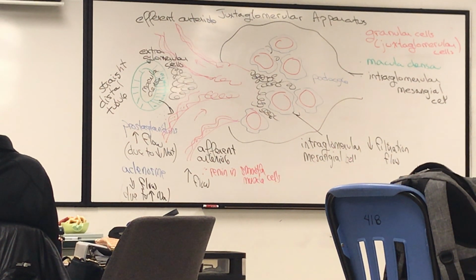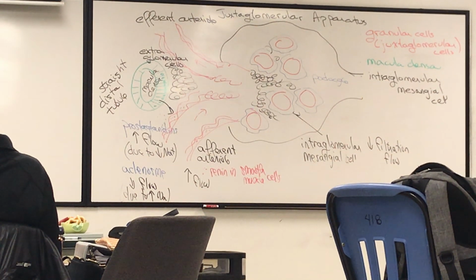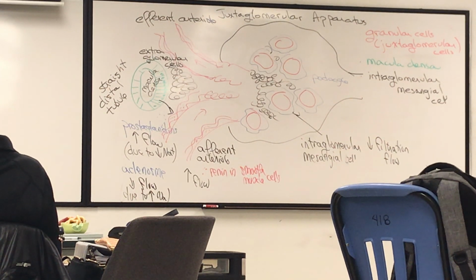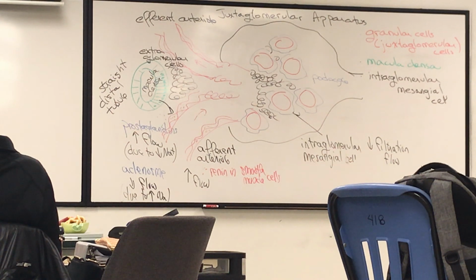So the three mechanisms of renin release are baroreceptors. That just means pressure receptors. But only when it's low pressure, right? Pardon? Only when it's low pressure? Right. Okay.